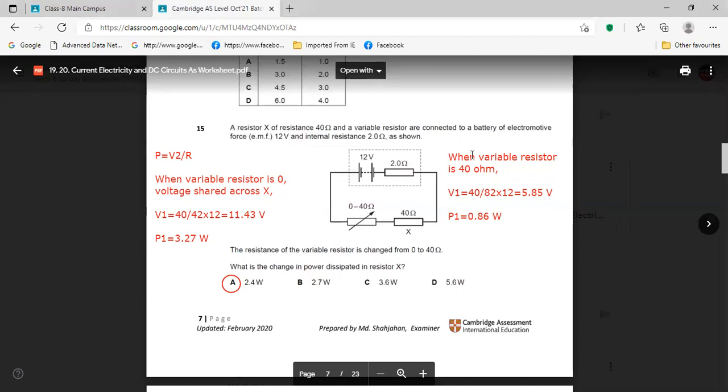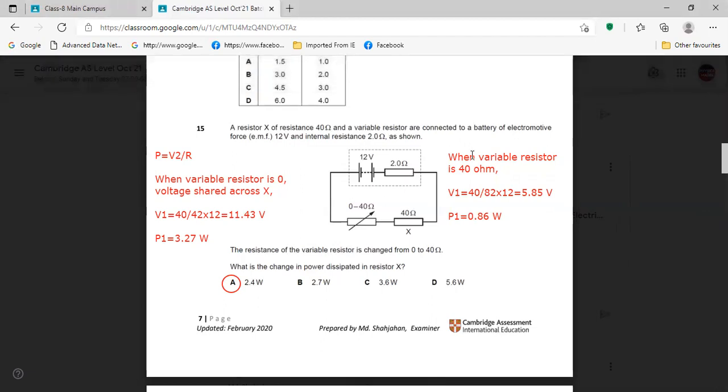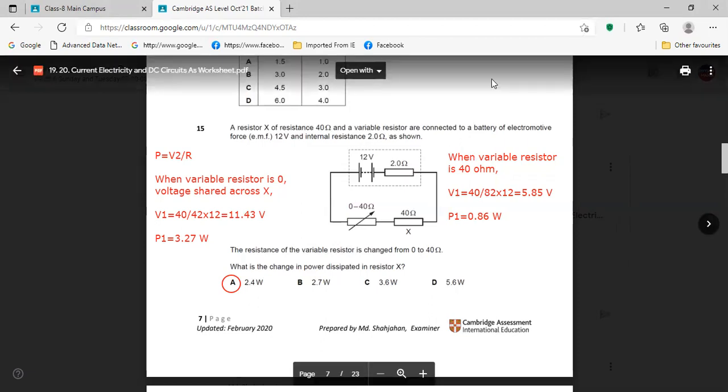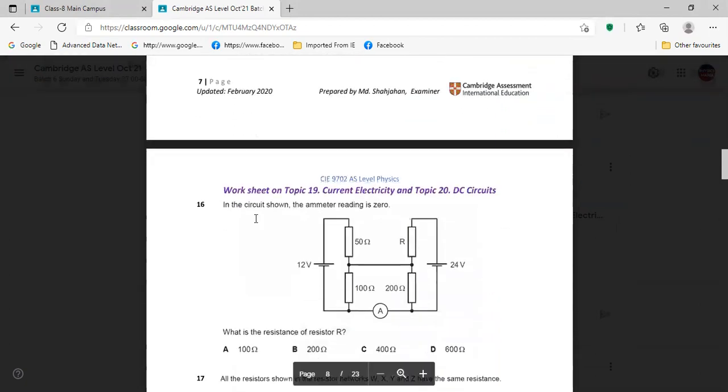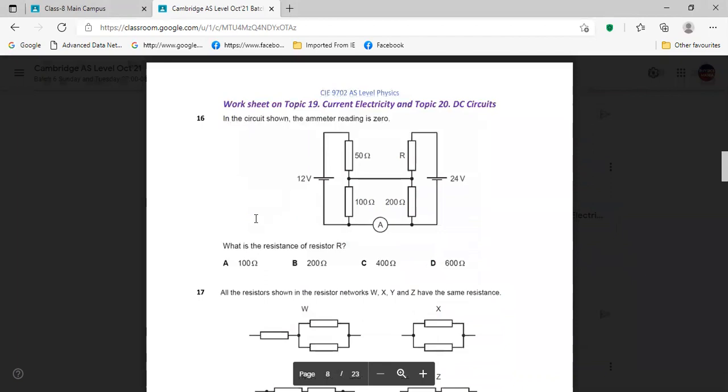Okay. Then we have question 16. In the circuit shown, the meter reading is 0. What is the resistance of resistor R?